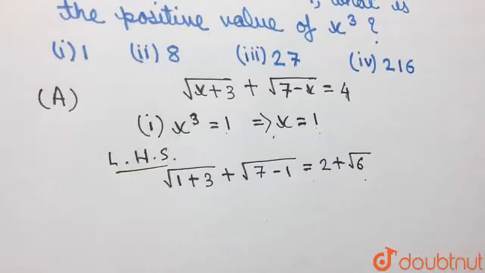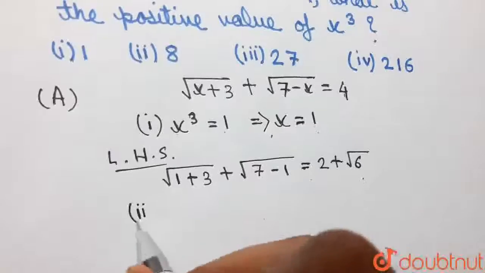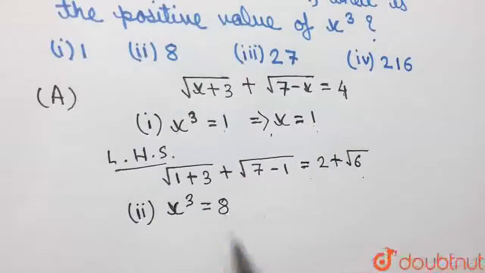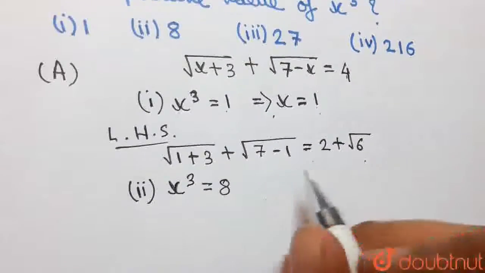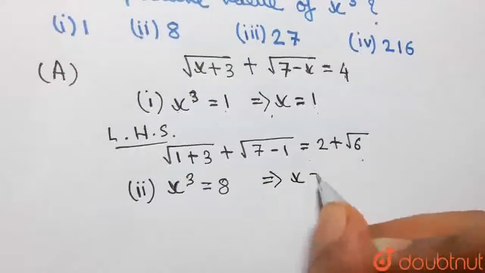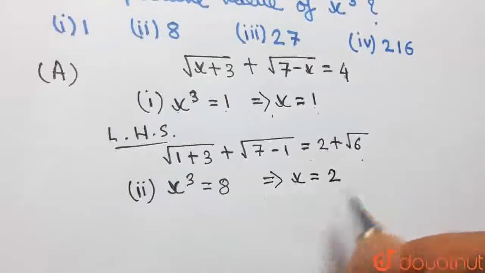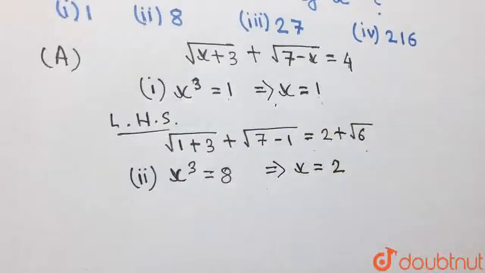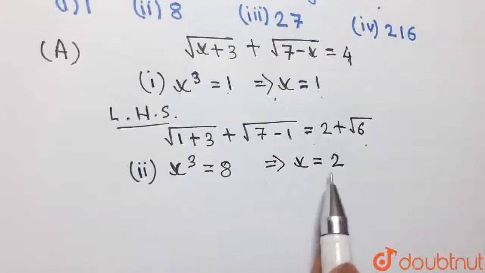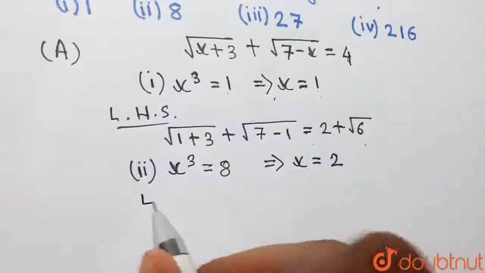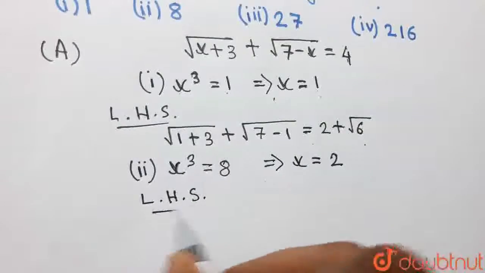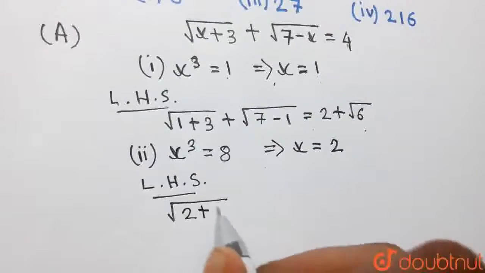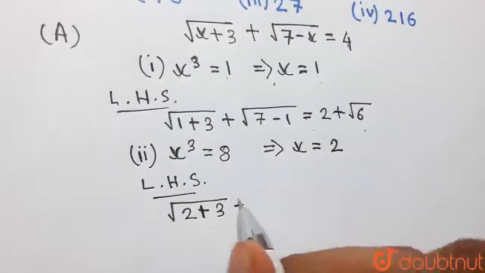Similarly, checking for option number 2, if option number 2 is correct, the value of x cube should be equal to 8. Taking cube roots on both sides, the value of x comes out to be equal to 2. Option 2 will be correct if x equal to 2 satisfies this equation. Substituting x equal to 2 in the left hand side, we have root over 2 plus 3 plus root over 7 minus 2.